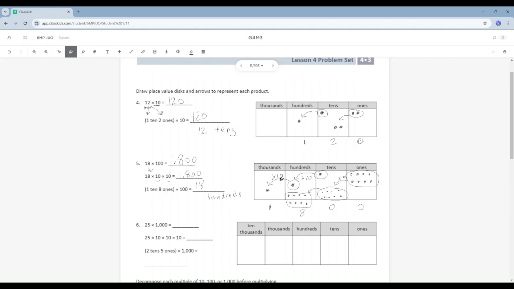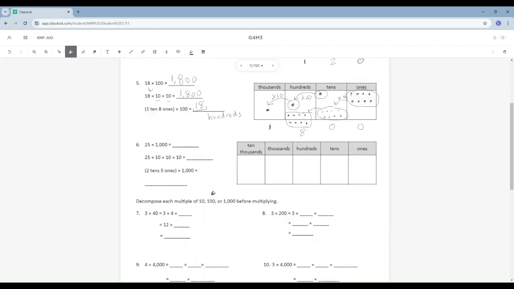If you remember back from Module 1, 1 of a larger place value is equal to 10 of the next smallest place value. So that's why I'm able to say 18 hundreds. 1,000 would be equal to 10 hundreds, plus the 8 hundreds I already have makes 18.